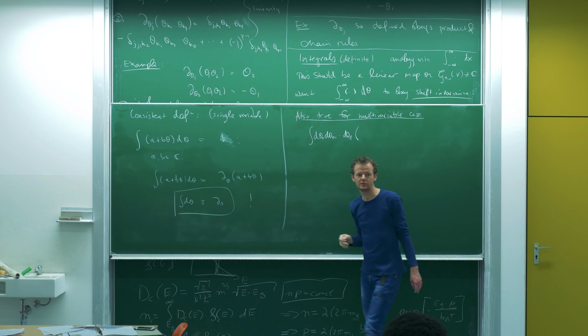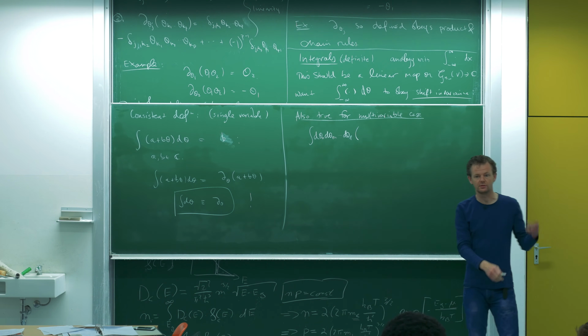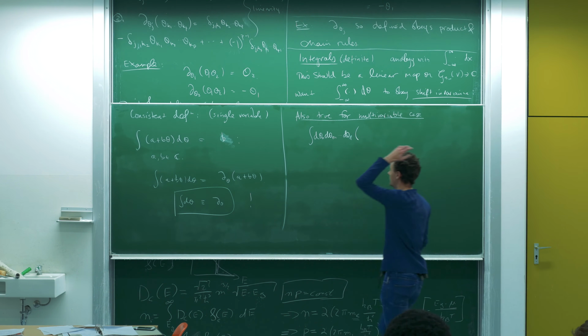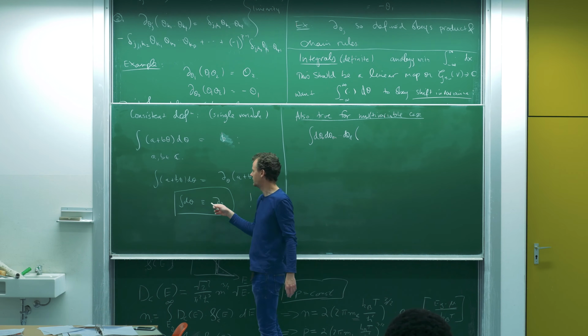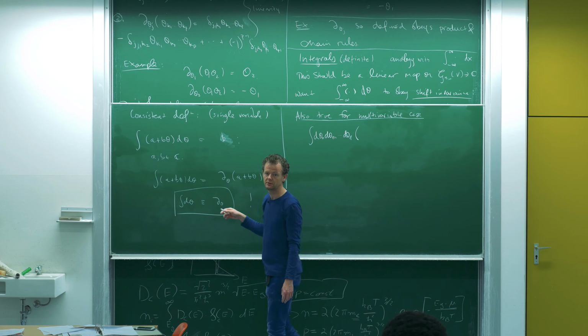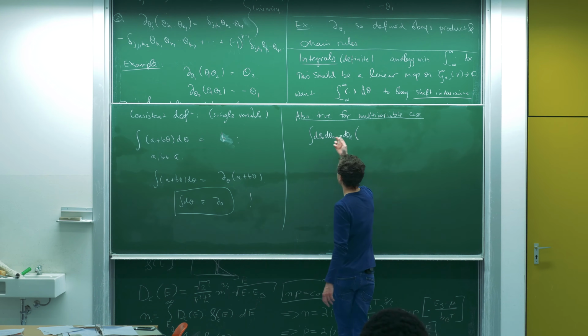So the general definition of a many variable integral for a Grassman number, well, once you identify it as the derivative in the single variable case, then you can just identify it as the derivative in the multivariable case, and you're done.